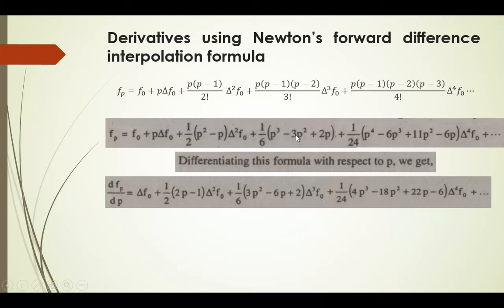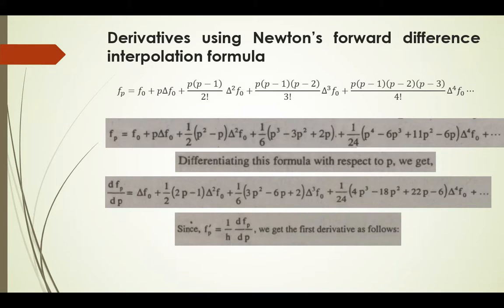Derivative of 3p square, 2 will be here, so 3 2s are 6p, and derivative of 2p is 2 into 1, that is 2. Derivative of p power 4 is 4p cube by power rule. Derivative of 6p cube is 6 3s are 18p square. Derivative of 11p square is 11 2s are 22p, and derivative of 6p is 6 into 1, so that is 6 into delta power 4 f naught, and so on.